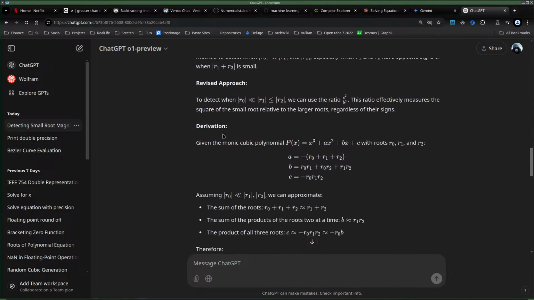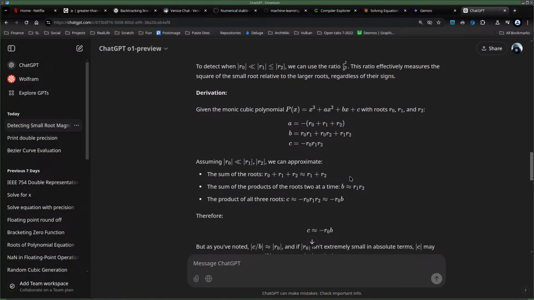The revised approach: we can use C squared divided by B cubed. That is a different approach, not using A. It might actually work.